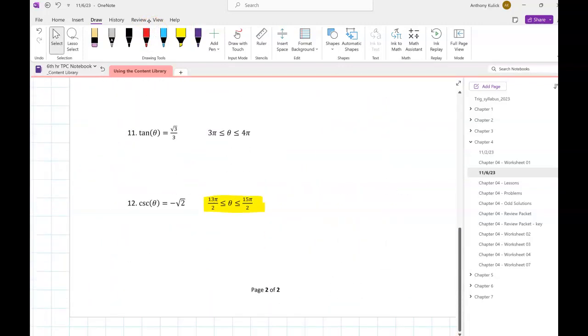And again, to get that, I just kind of counted, right? Now, if I look at here, I have cosecant. Well, remember cosecant is the same thing as the reciprocal of sine.